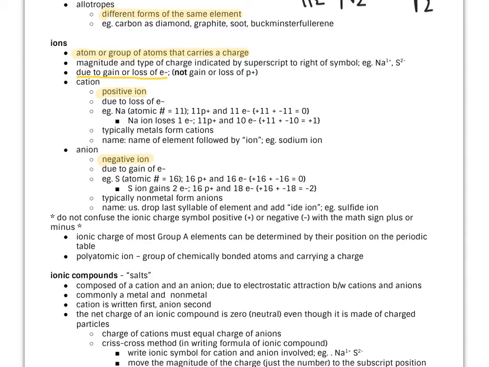So at the top of the column, just write a +1, and you'll know that those elements typically form cations, and they have a positive charge. So since they have a positive charge, are they gaining or losing which subatomic particle?